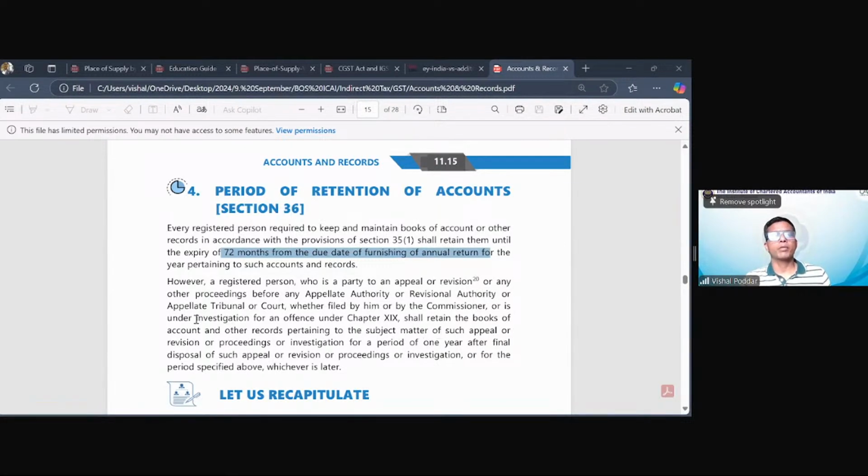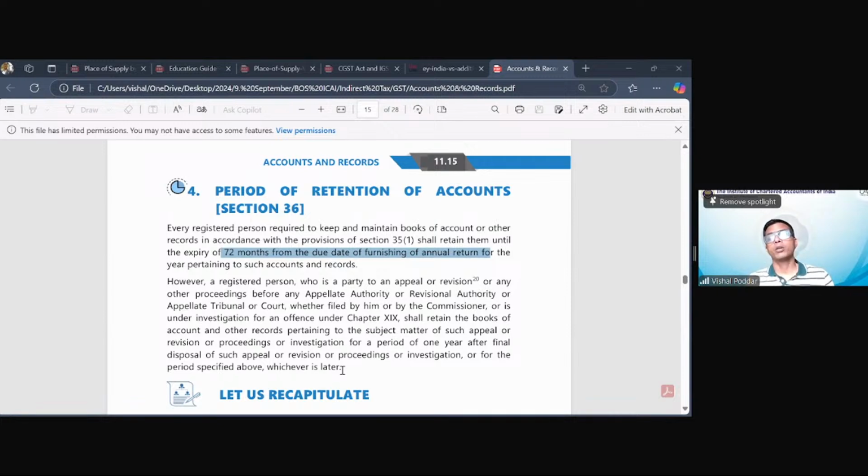The subject matter of such appeal, revision, or proceedings or investigation for a period of 1 year after disposal of such appeal, revision, proceedings, investigation, or for period specified above, whichever is later. So where any action is taken against you and you are in courts, you are in tribunal fighting against that particular action, then your maintenance period obviously will increase.